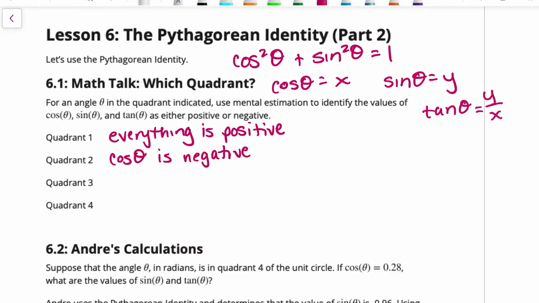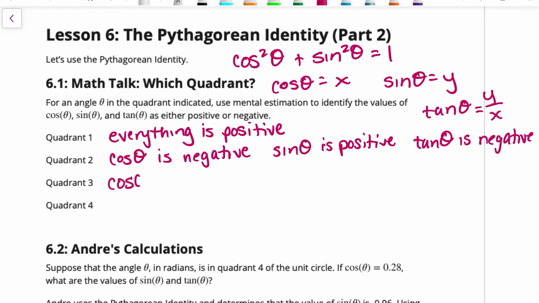Our sine is y, so that's positive. So sine of theta is positive. And when you divide a positive by a negative, you get a negative. So tangent is negative. All right, quadrant 3, sine and cosine are both negative, remember, because our x and our y are both negative in quadrant 3.